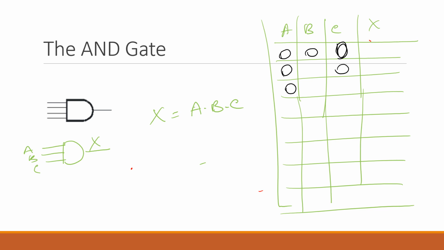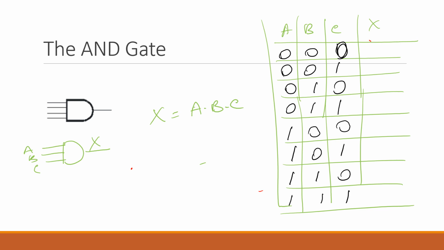Sorry, I missed it. So 0, 0, 0, then 0, 0, 1, 0, 1, 0, 0, 1, 1, 1, 0, 0, 1, 0, 1, 1, 1, 0, 1, 1, 1. Am I right? So those are the 8 combinations.